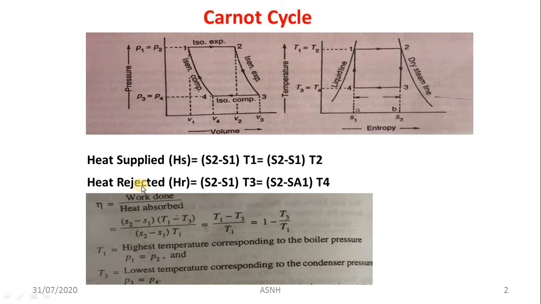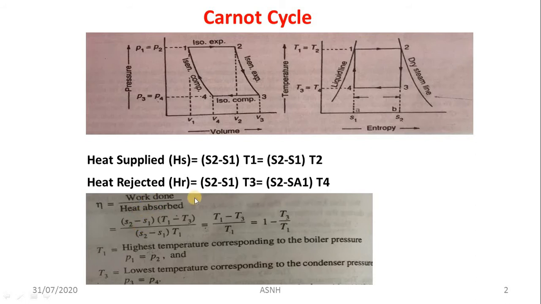Now, the performance of any engine is calculated by efficiency. So what exactly is efficiency? Efficiency is nothing but work done upon heat absorbed or heat supplied. So I put the values of the work done here.